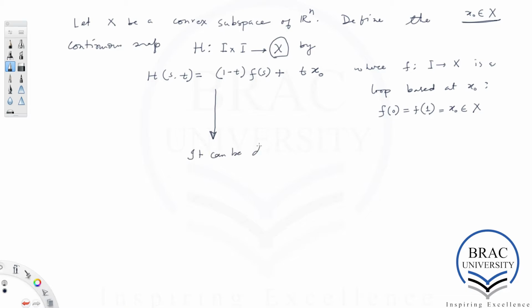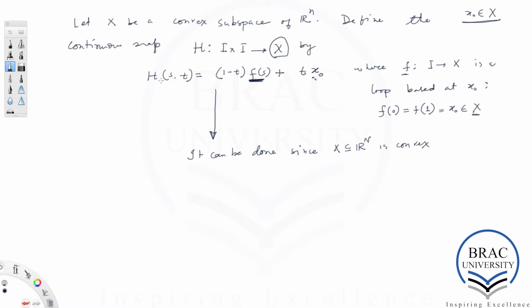It can be done since X being a subset of R^n is convex, which means that the straight line given by the above equation, between these 2 points, f(s) is a point in X from the definition of f, since f is a map from I to X. And x0 is the distinguished point in X. So this gives a straight line between these 2 points of X, and the entire line joining these 2 points lies inside X by the convexity of X. Okay, so we are good.